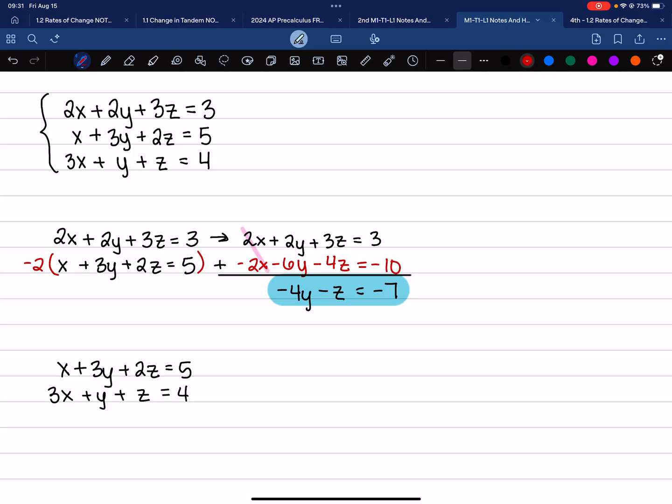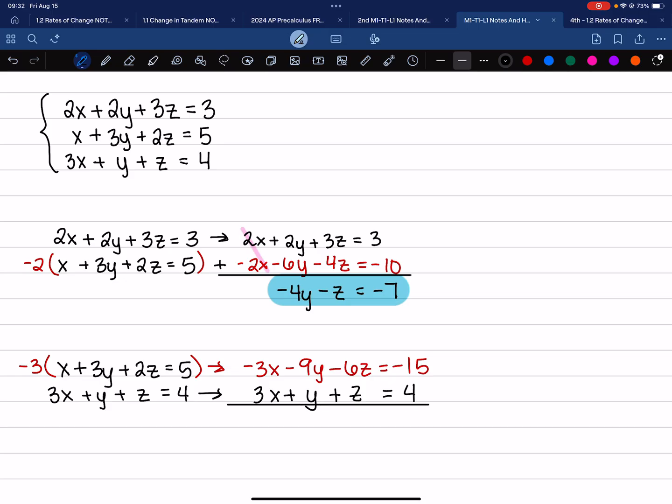To cancel out the x's here, we need to multiply this first equation by a -3. When we do that, we get -3x minus 9y minus 6z equal to a -15. That bottom equation does not need to change. So we have 3x plus y plus z equal to 4.